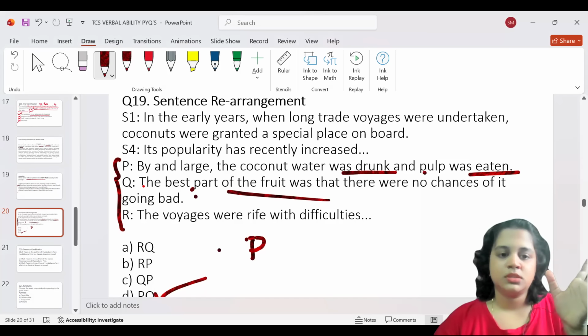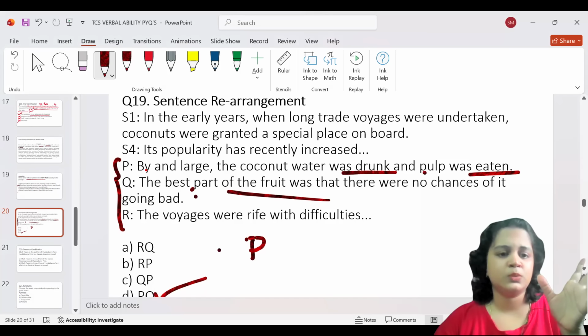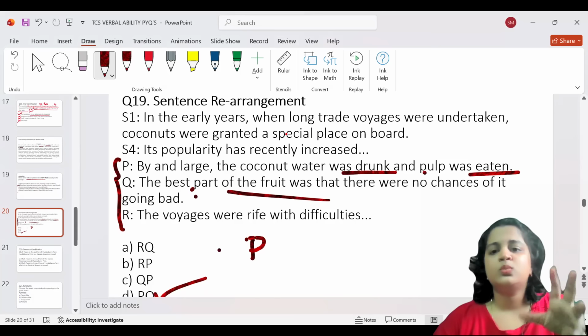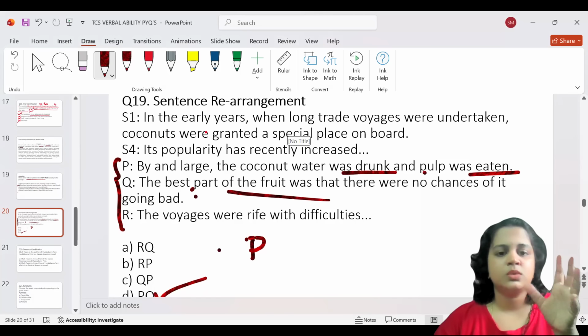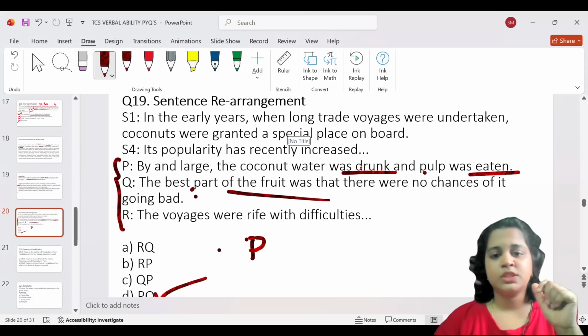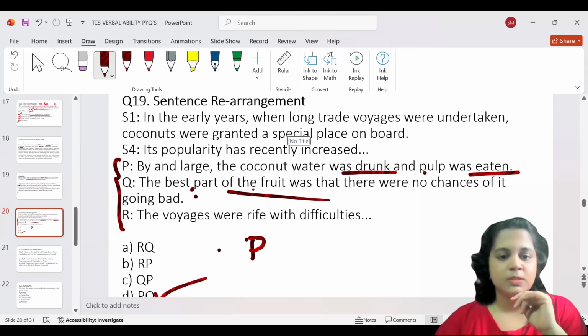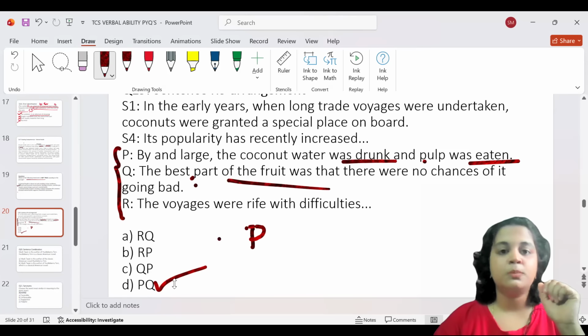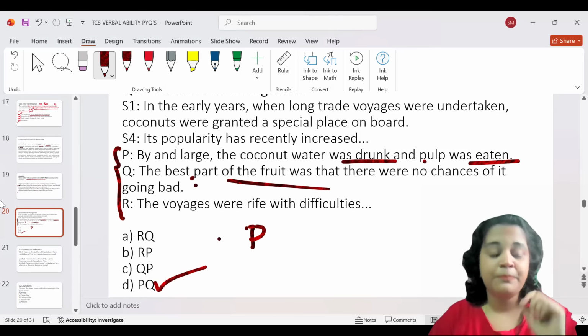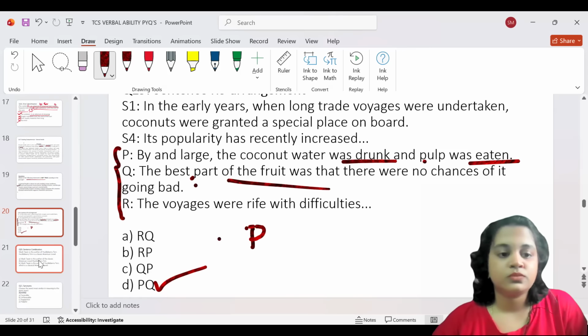So yes, it is PQ. Its popularity has recently increased. So yes, guys, it is option D, which is EQ.